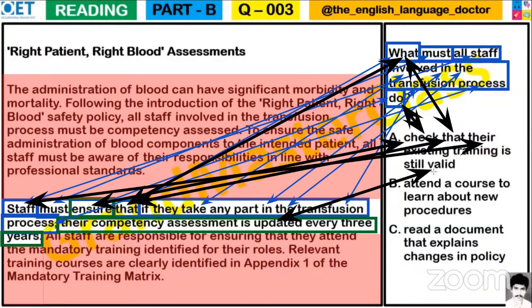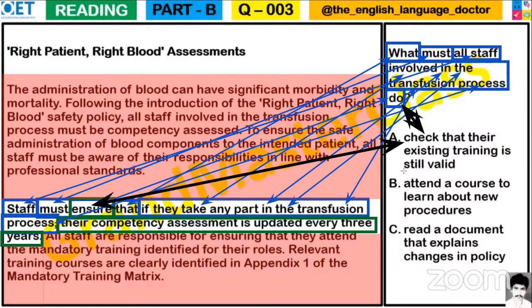Training is for competency, and assessment is for validity. Assessment is to extend the validity. So this is how you have to understand.